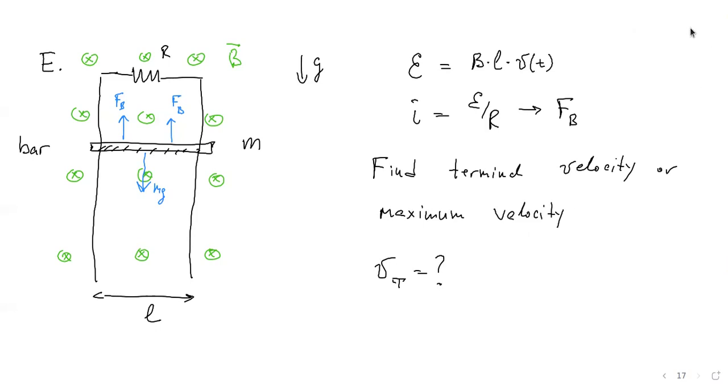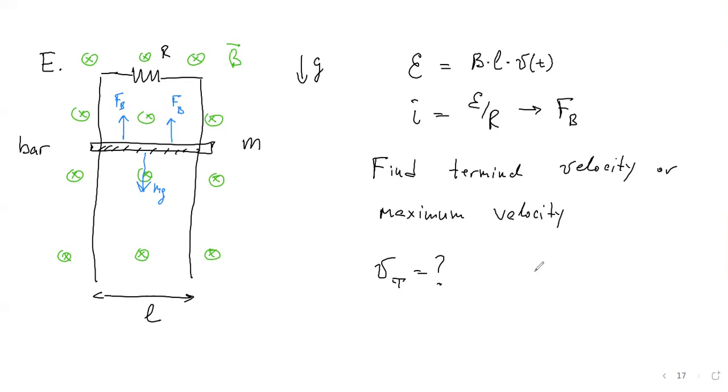What are you going to do? You write the EMF, and this is BLV. You can write the current, so you take BLV divided by the resistance. You plug this current into the magnetic force. So you take the current multiplied by the magnetic field multiplied by the length, and you make it equal to the gravity force.